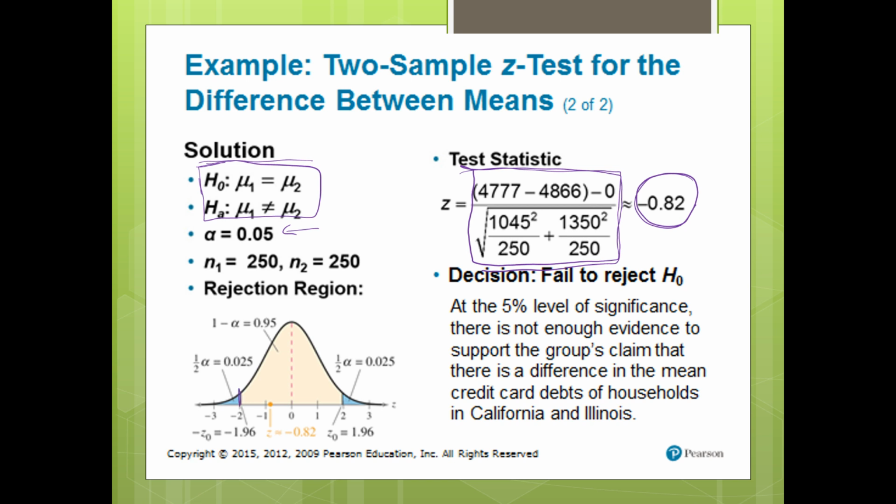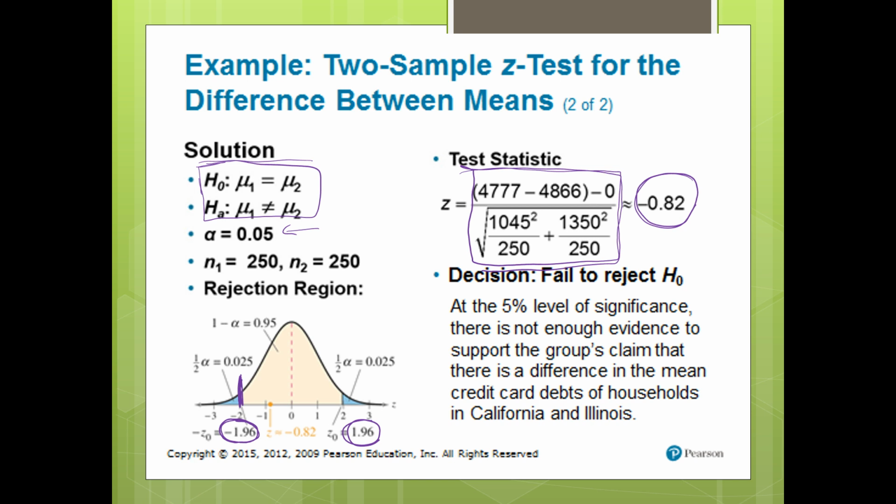So over here, our left area is 0.025. Then you can do an inverse norm on your calculator to find this boundary line, or you can look it up on your chart. We also have, hopefully memorized or written down, the most common critical values. 0.05 is one of our commonly used alphas, so it is on our list, and it corresponds with negative 1.96 and positive 1.96.